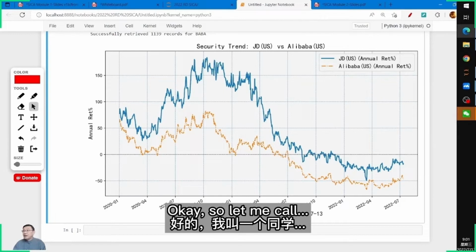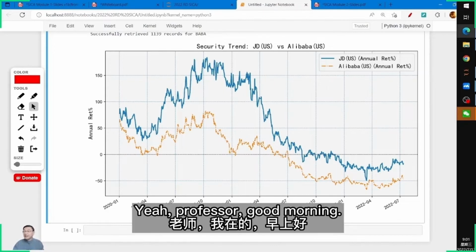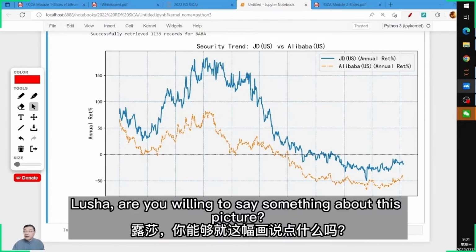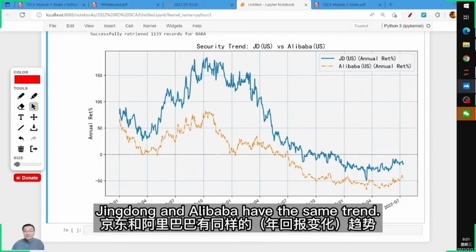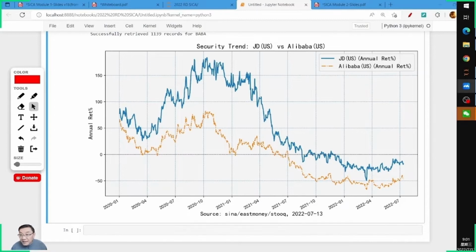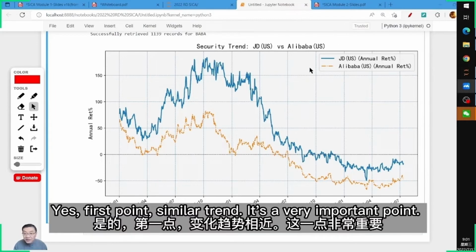Okay, so let me call Li Lusa. Lusa, are you there? Hey, Professor. Good morning. Lusa, do you want to say something about this picture? Okay. Jingdong and Alibaba have the same trend. Similar trend. Yes, first point, similar trends. It's a very important point.